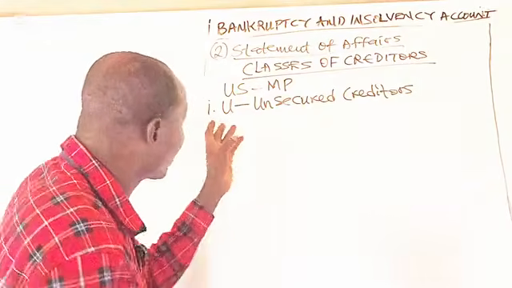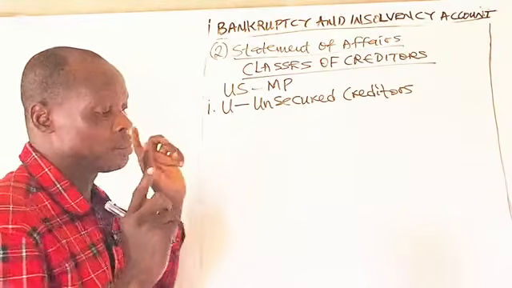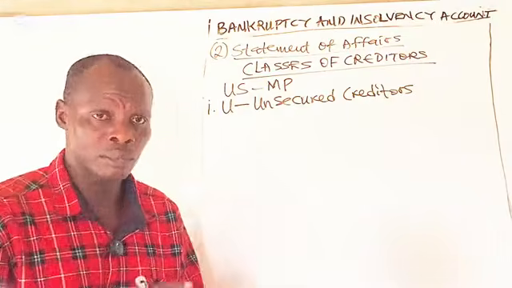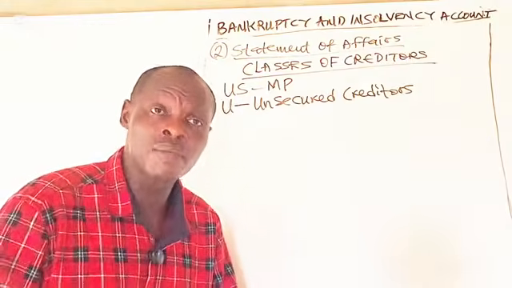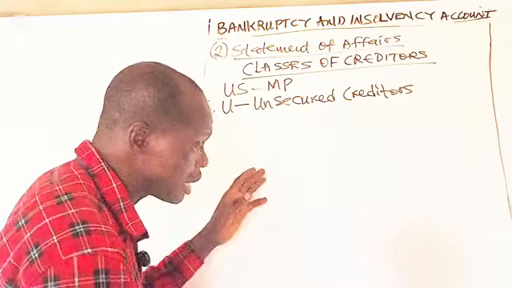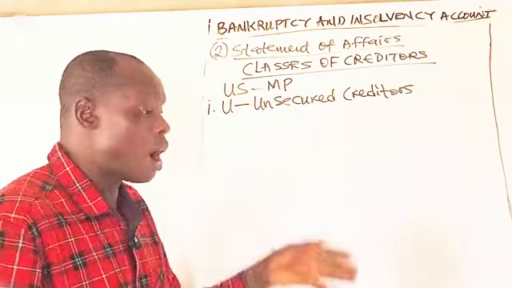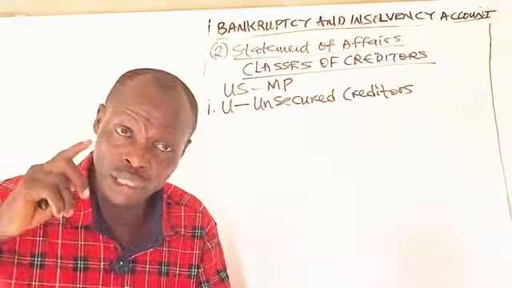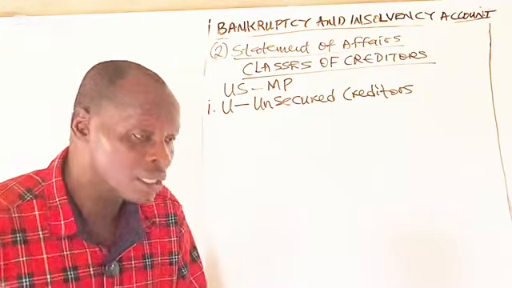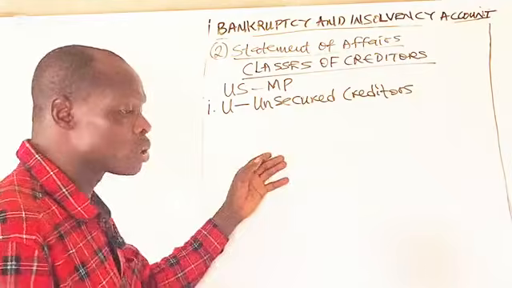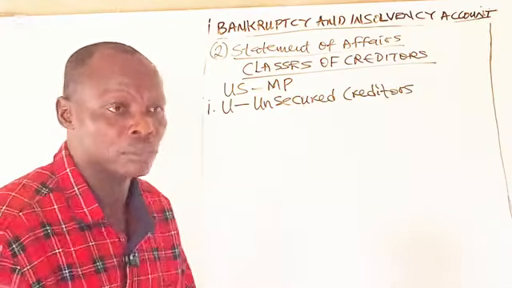And you may also say that unsecured creditors are creditors who do not have any assets of the company or of the business as security for their debts. In other words, unsecured creditors are creditors who do not have any specific asset pledged to them.